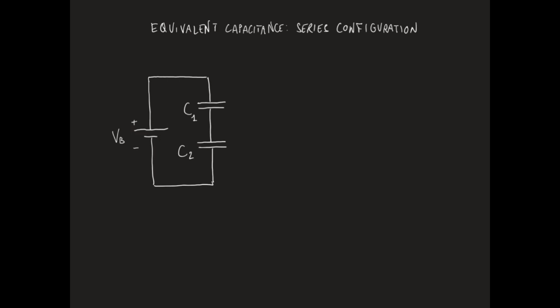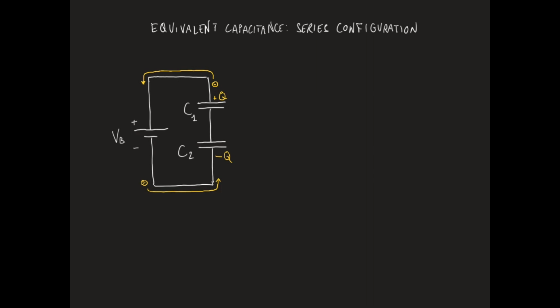The battery will move electrons to the bottom plate of C2, where a charge minus Q will collect. The same current bringing electrons to the bottom plate of C2 will take electrons from the top plate of C1, where a charge plus Q will collect.